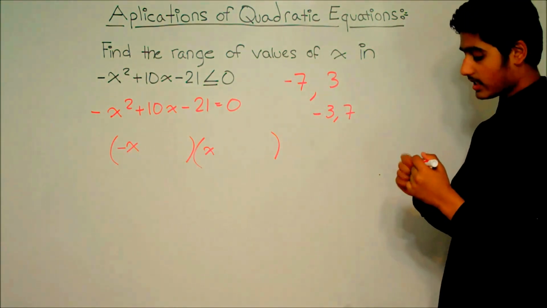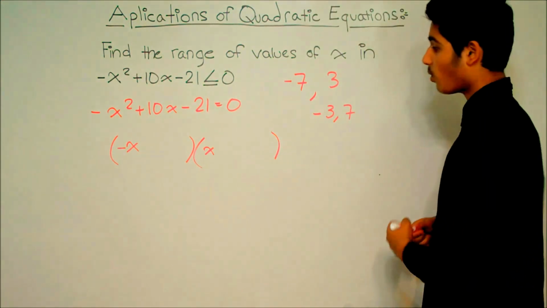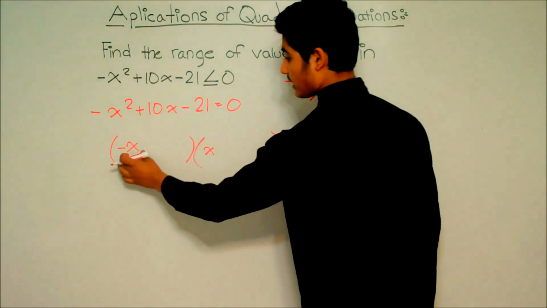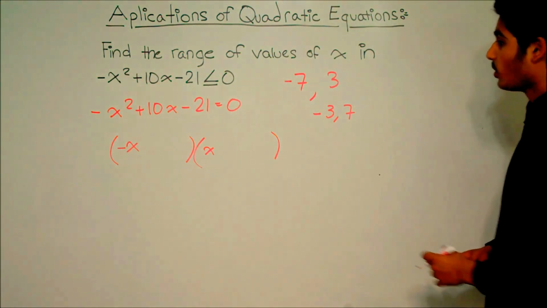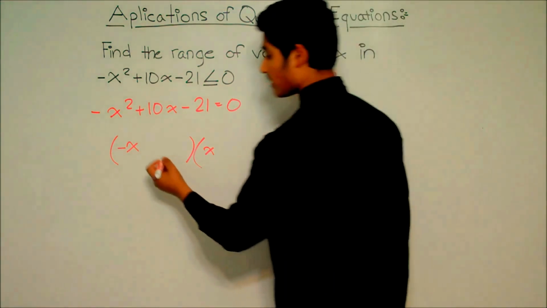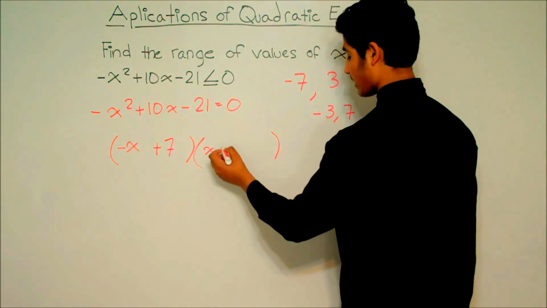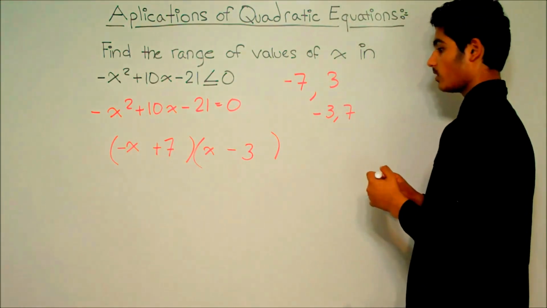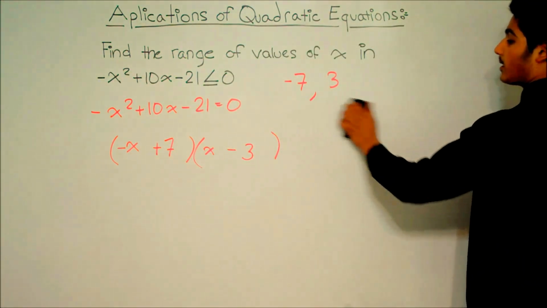However, we can see that since this is negative x, whatever is put here, when multiplied by this, would become the opposite sign. So we have to find the opposite of these. So it could be negative x plus 7 times x minus 3, so plus 7 minus 3, which would be the opposite of the one up here.